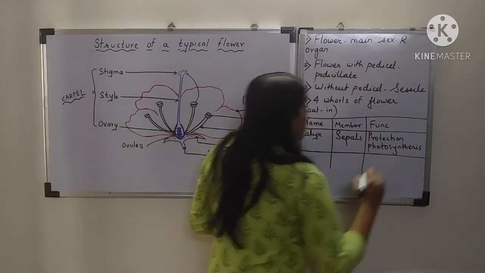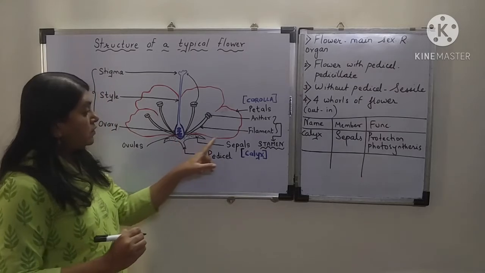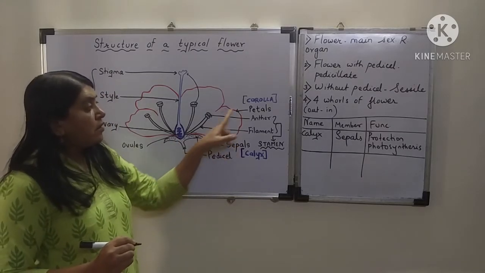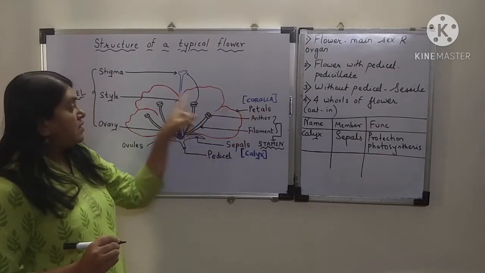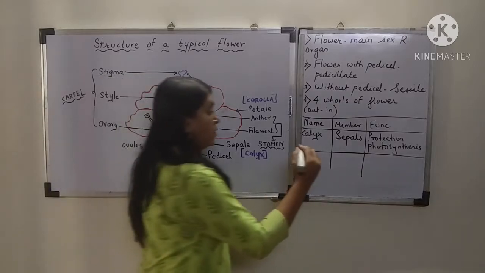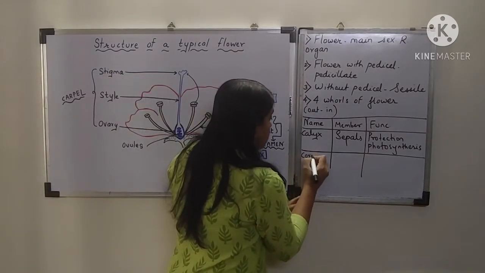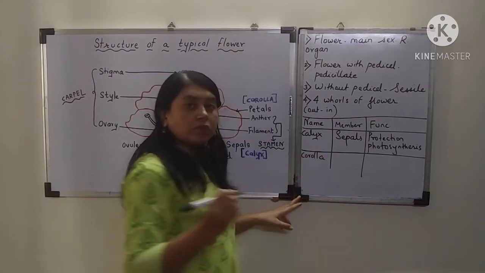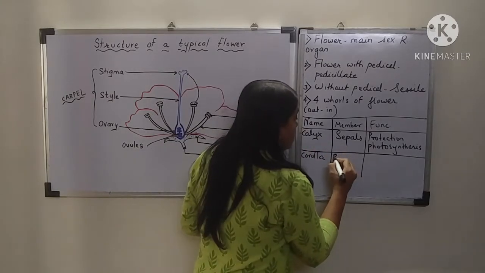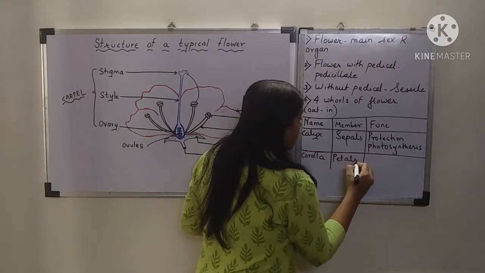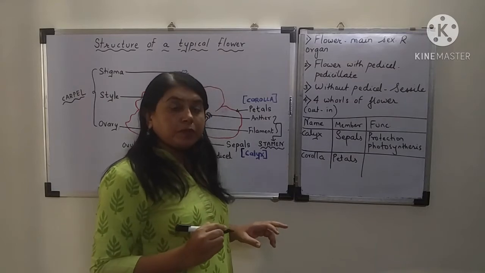The second whorl of the flower is the corolla, and the corolla is made up of petals. Corolla, members: petals, function.